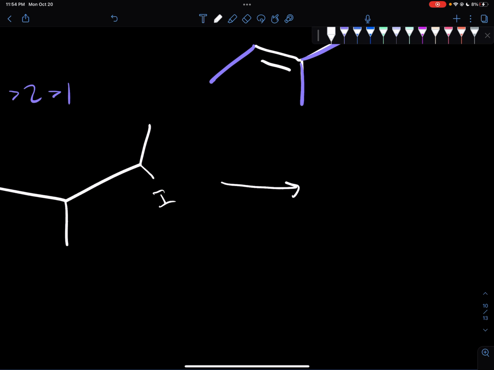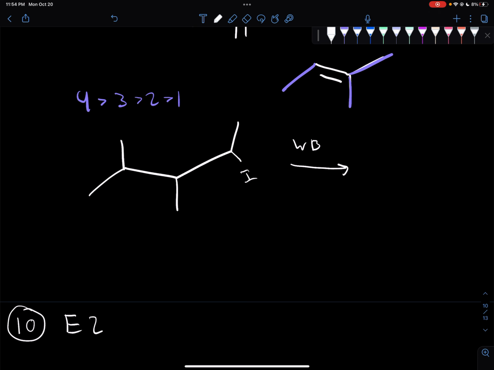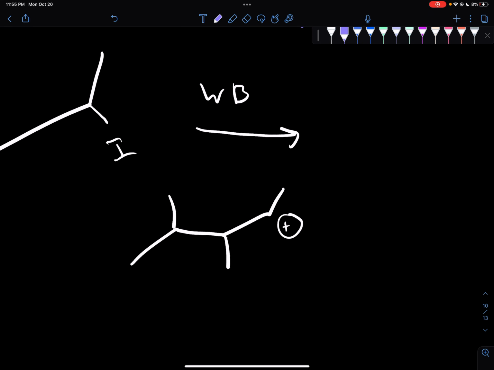I can't really think of a weak base right now, but a weak base. Okay, first step is forming your carbocation. And you have some good options, I guess. You can form a double bond here, which is not bad. It's tri-substituted. But since it's E1 and you're forming a carbocation, you can rearrange.